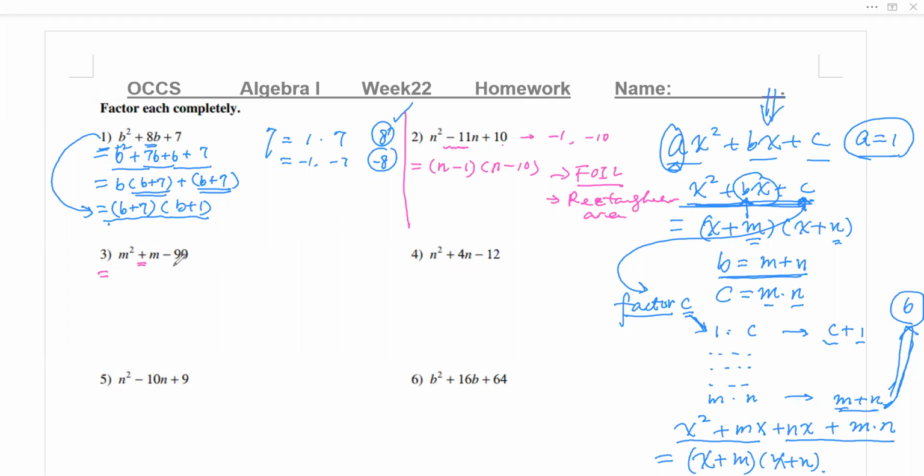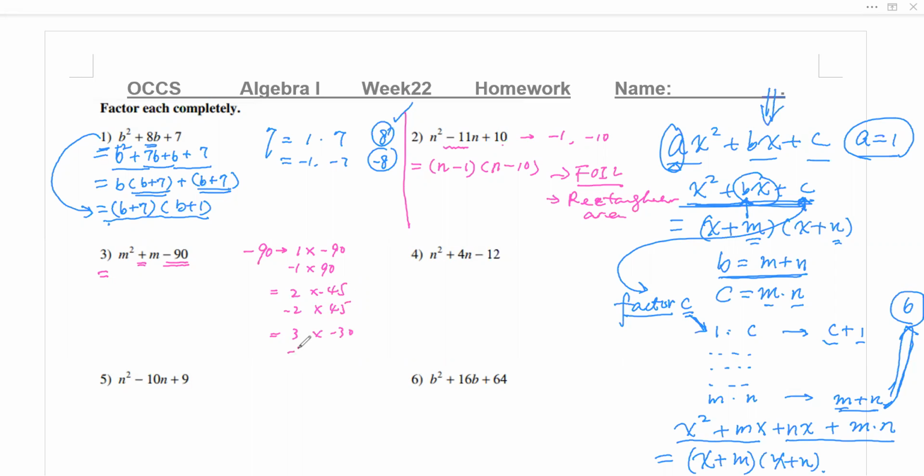Here is 1 and here is negative 90. Negative 90 can be factored into 1 times negative 90, or negative 1 times 90. But if you think quickly, you can see 2 times 45, or negative 2 times positive 45, or 3 times negative 30.